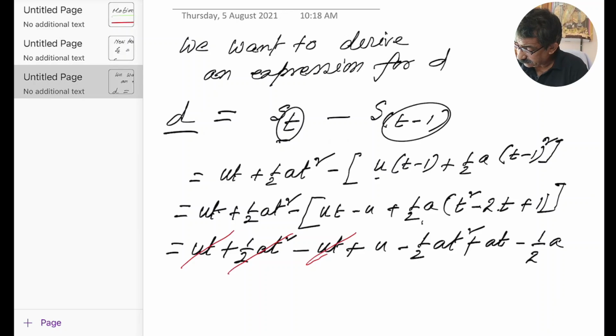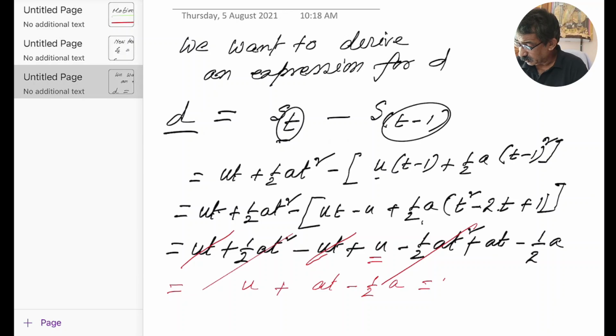This will be cancelled. Plus minus. So it remains only u plus at minus half a.